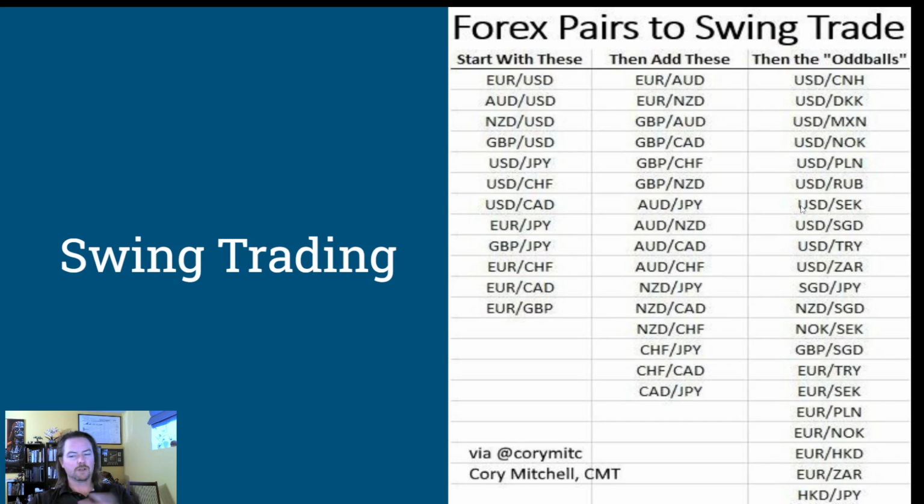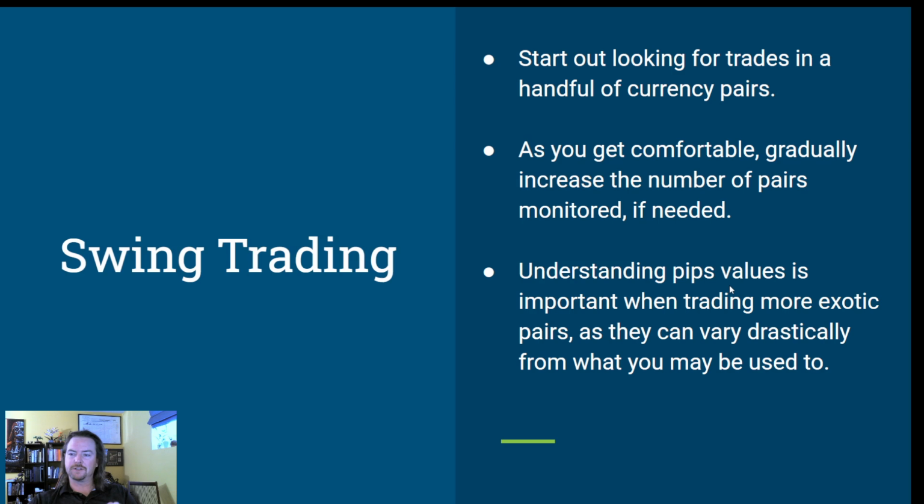So you want to have a really good handle on pip values and things like that before you start trading these. Start out looking for trades in just a handful of currencies just to get used to it, get your discipline, master your setups. Once you're profitable in a few, then start adding in others. If you find you're overwhelmed by just trading a handful, then stick with that, or even reduce the amount to a manageable number of currency pairs you're watching.